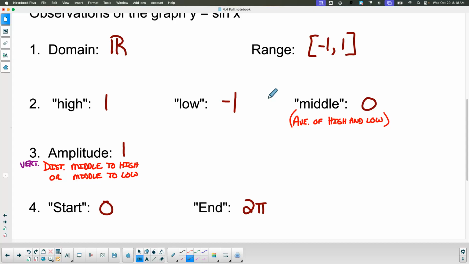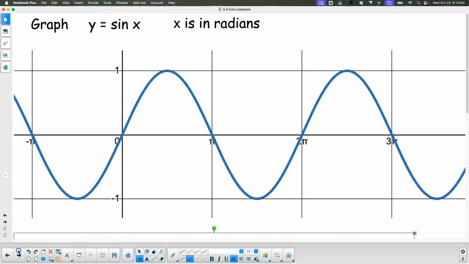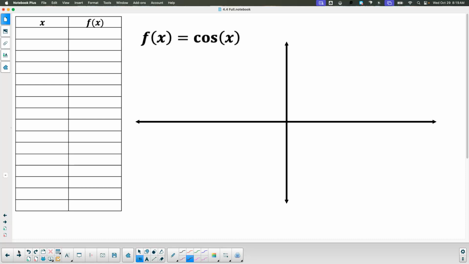Okay, let's go to cosine then. Again, we're starting at 0. So what now is the cosine at 0? 1.